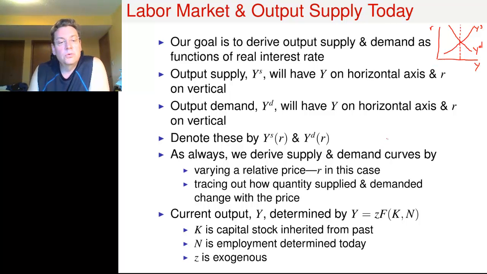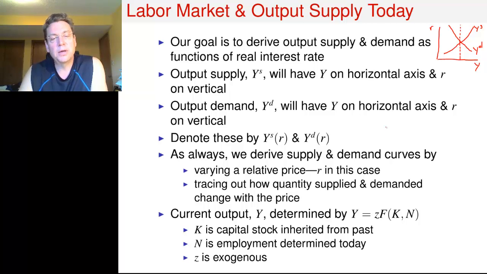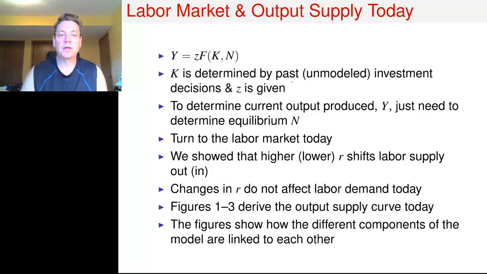So what we're going to do, as we always do when we derive supply and demand curves, is vary some relative price. In this case, it's going to be the real interest rate. And then we just trace out how quantity supplied and demanded changes with that price. So output today is just equal to a production function. Remember, we're inheriting capital from the past.